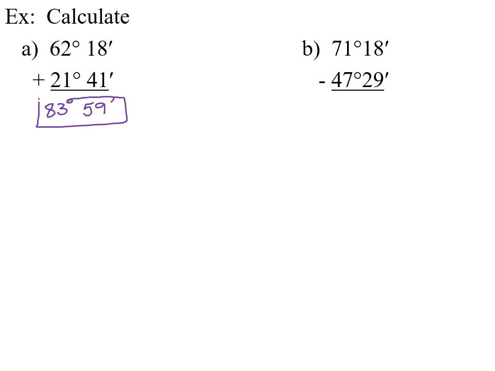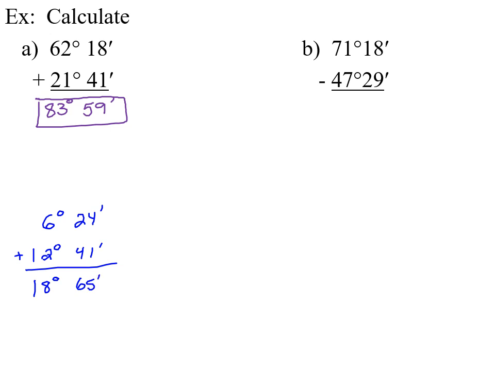And that's your answer. But just for a sidebar, if you had one that was, say, 6 degrees and 24 minutes and 12 degrees and, say, 41 minutes, and you were to add those together, the 6 and 12 will make 18, but the 41 and the 24 make 65.